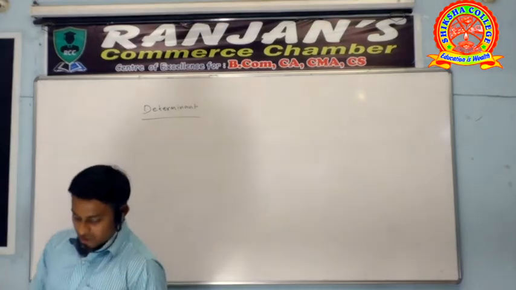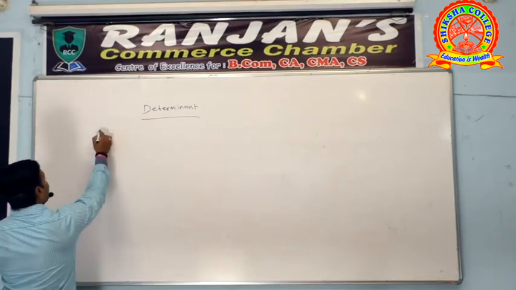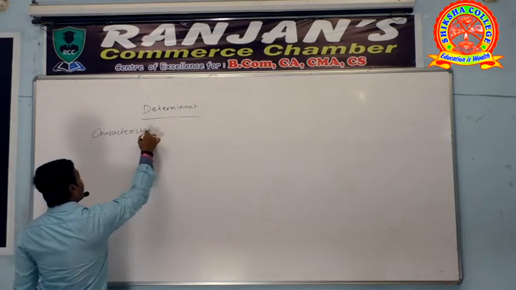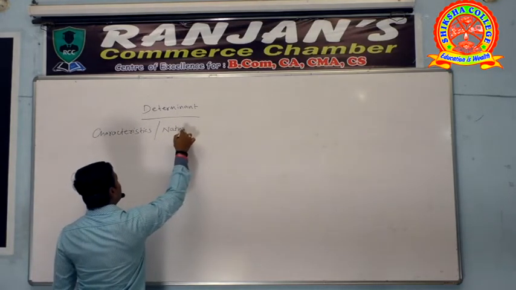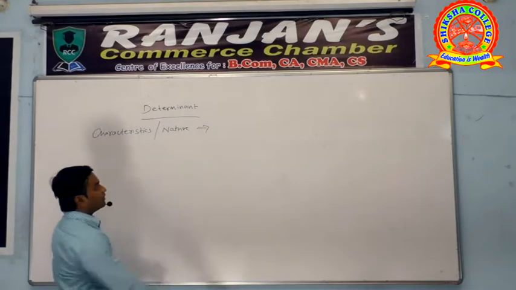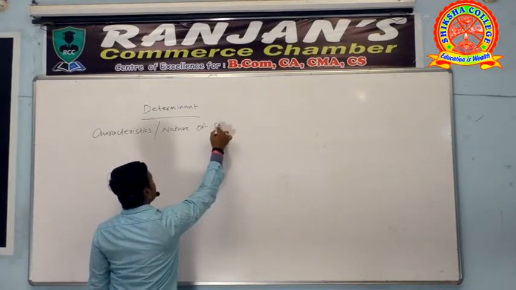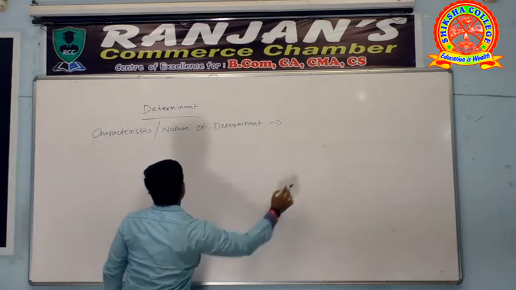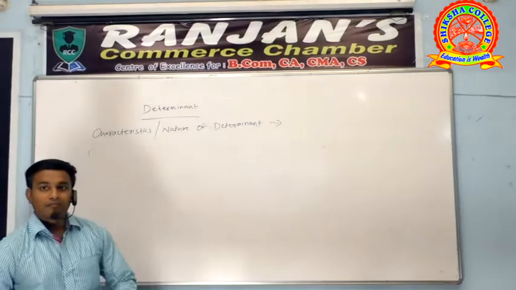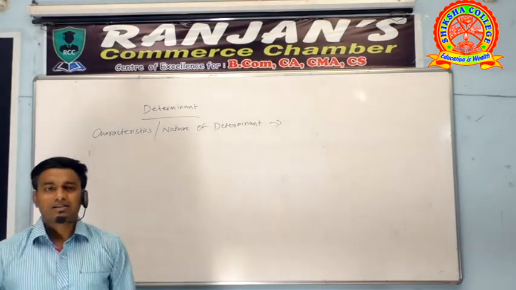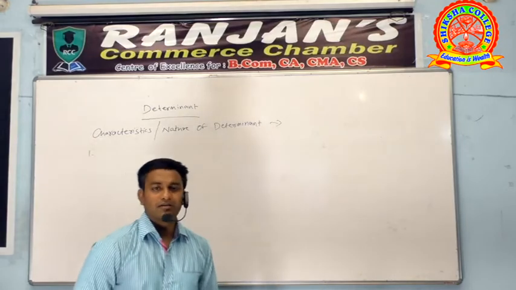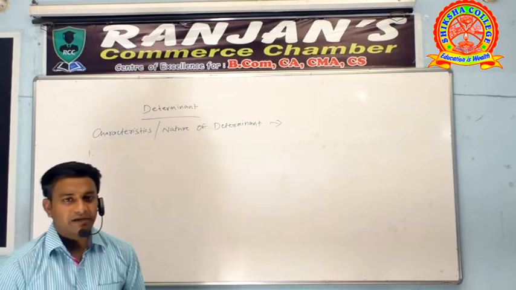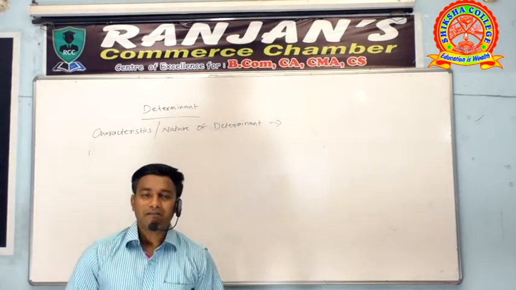Characteristics means nature, feature, behavior of the determinant. There are certain characteristics in the determinant that we have already discussed in the meaning. Characteristics are derived only from the meaning.